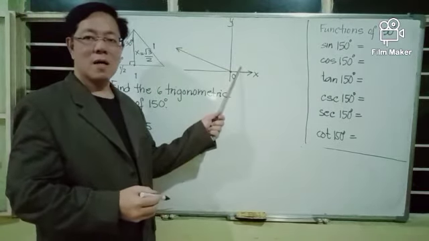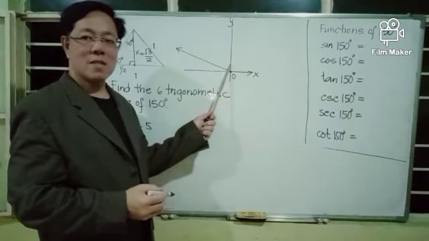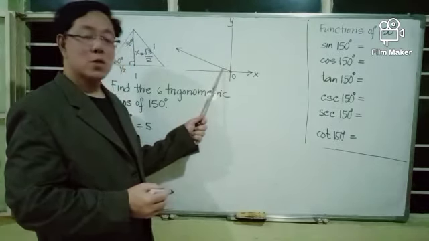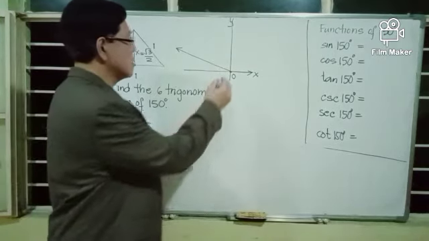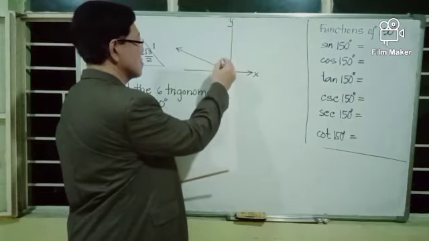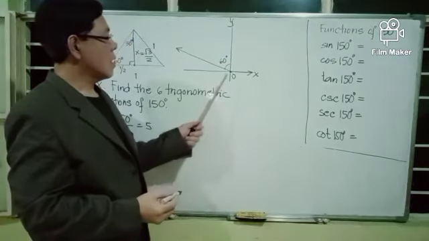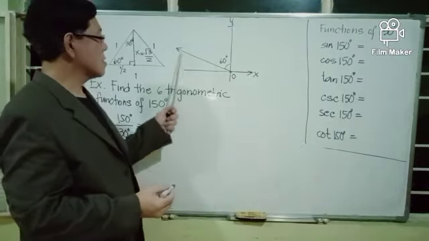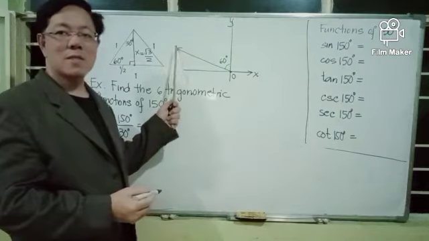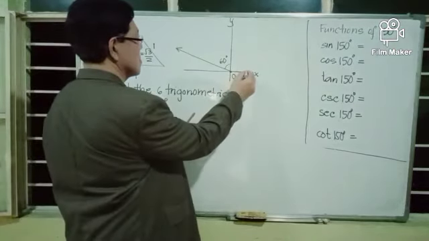From the positive x-axis to the positive y-axis is 90 degrees, plus 2 more 30-degree angles or 60 degrees. And from the positive x-axis to this arrow is our given angle 150 degrees.